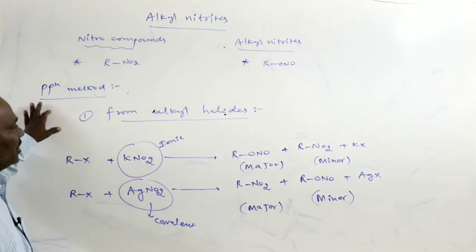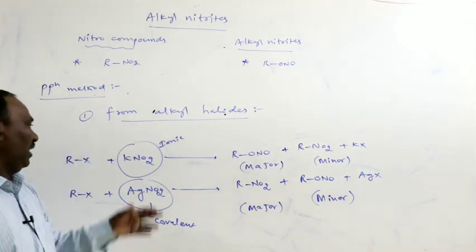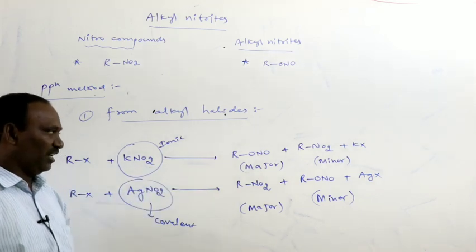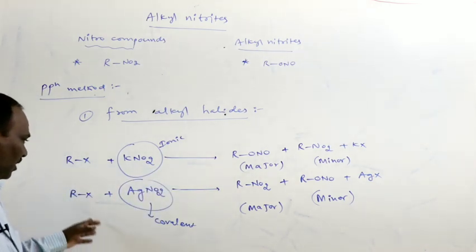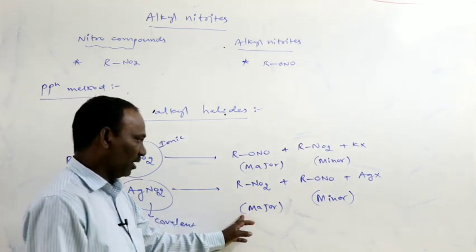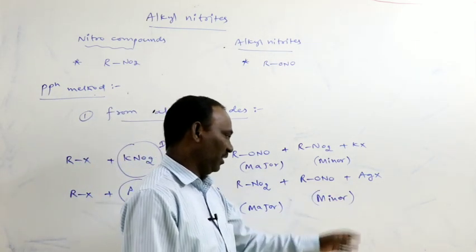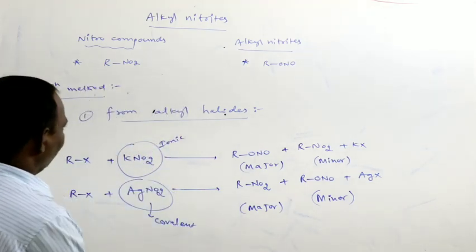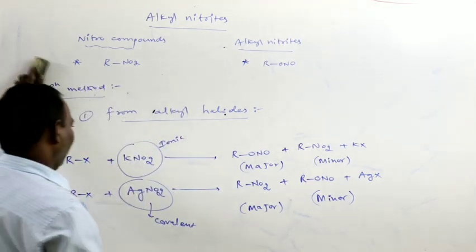Okay, so preparation from alkyl halides: with KNO2, alkyl nitrites are major and nitroalkanes minor; with silver nitrite, nitroalkanes are major and alkyl nitrites minor. Okay, so this is the preparation method of alkyl nitrites.